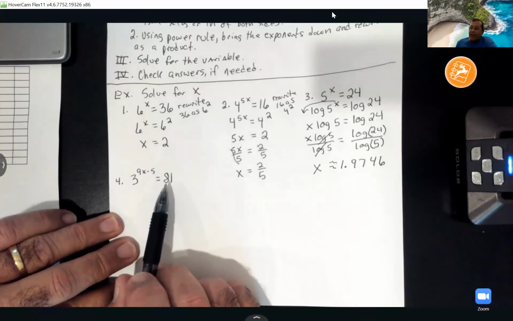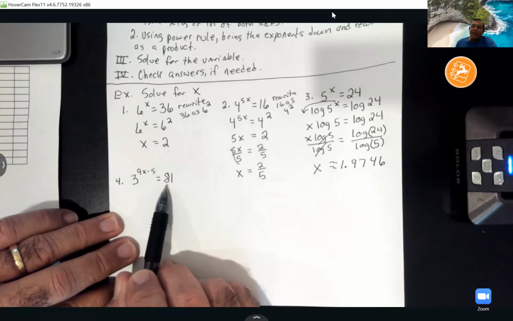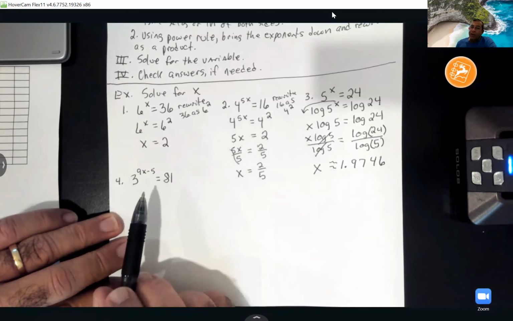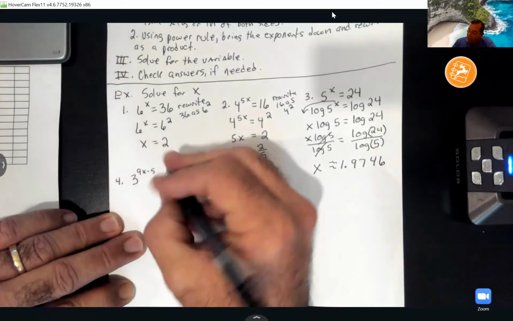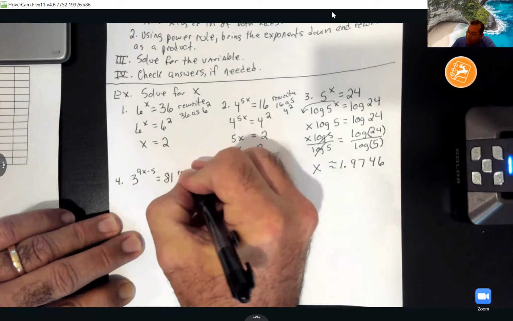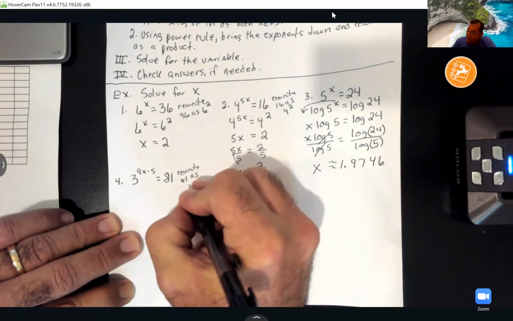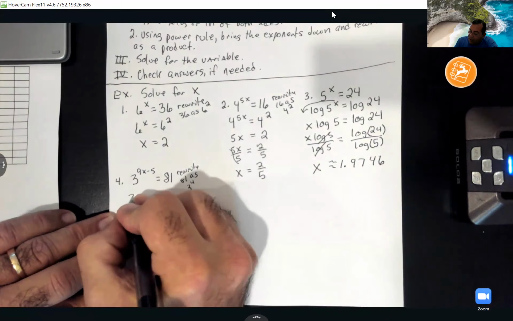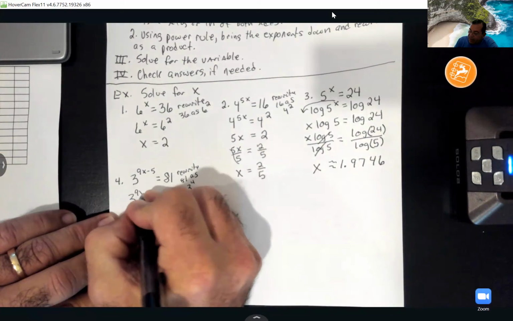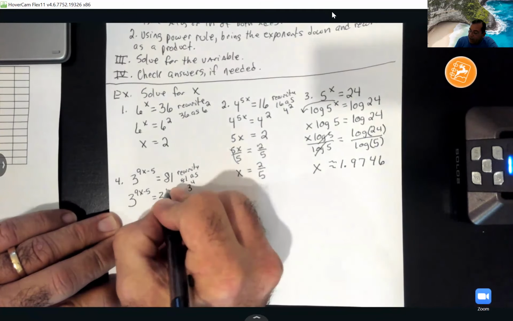And y'all, that'd probably be yes, because I know 9 times 9 is 81. And each of them 9s is 3 times 3. So that's giving me 4 3s to equal 81. So I'm going to rewrite 81 as 3 to the 4th. So I get 3 to the 9x minus 5 equals 3 to the 4th.